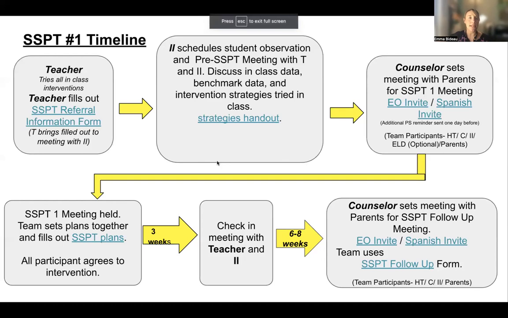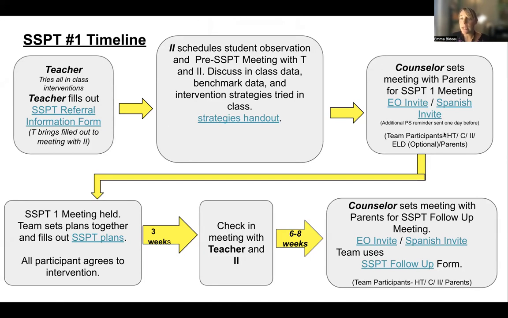So here's kind of a breakdown of a timeline. The first thing is all interventions are done in class. If those interventions are not working, you fill out the referral form. After I get the referral form, I come to a student observation and we have our pre-SSPT meeting.